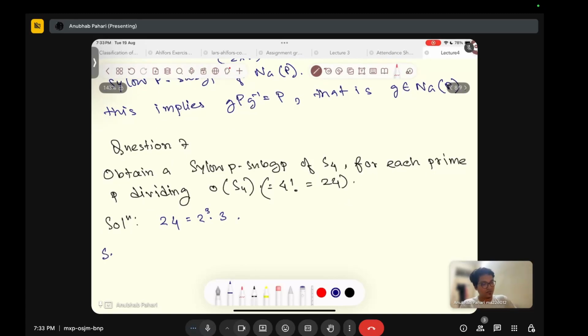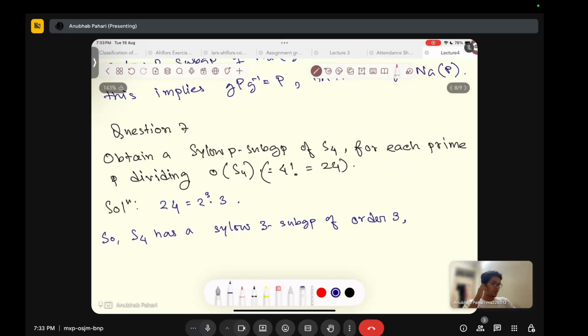So S4 has a Sylow 3-subgroup of order 3, right?